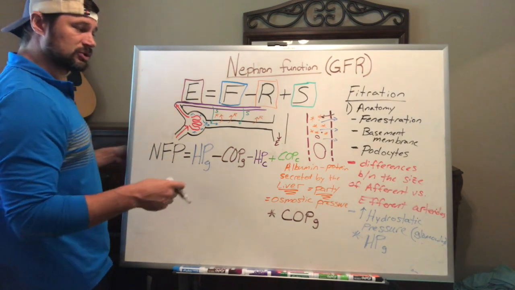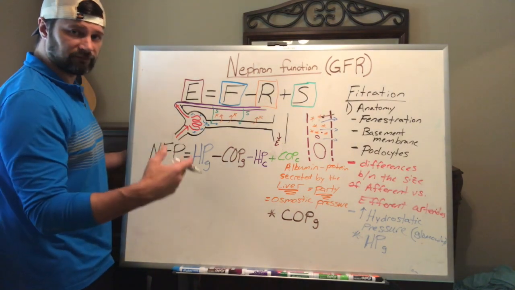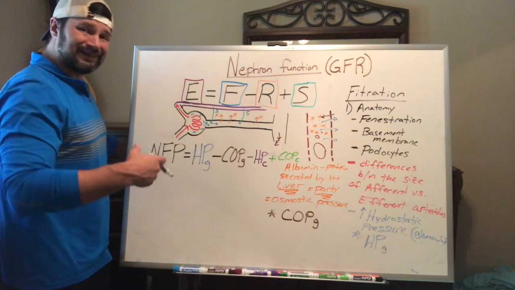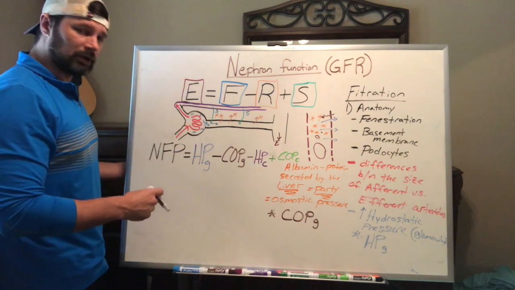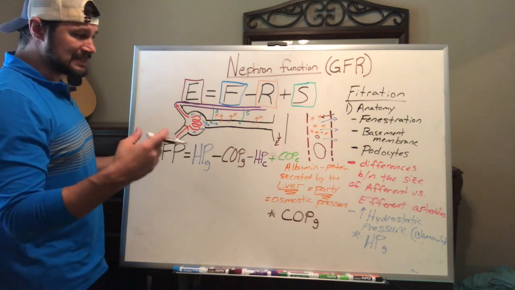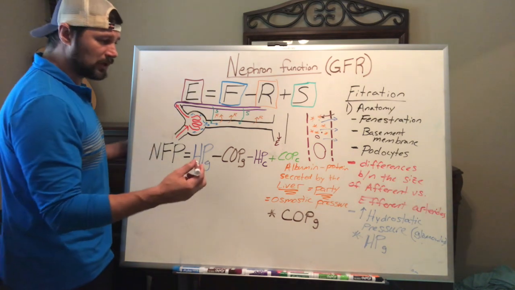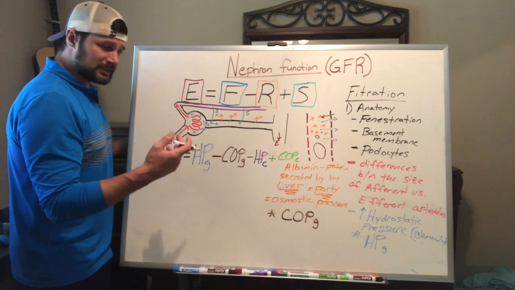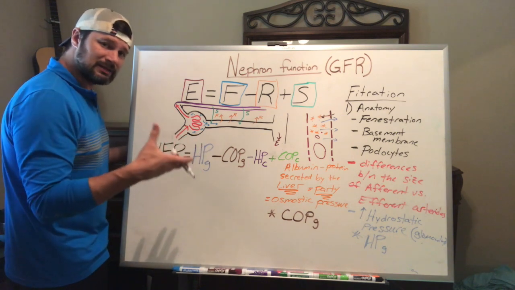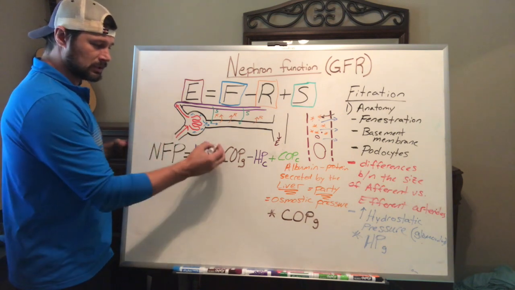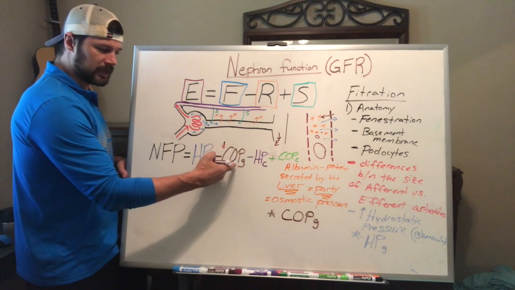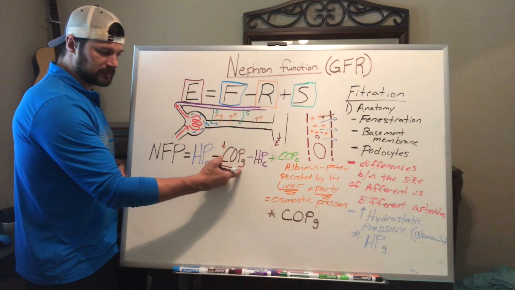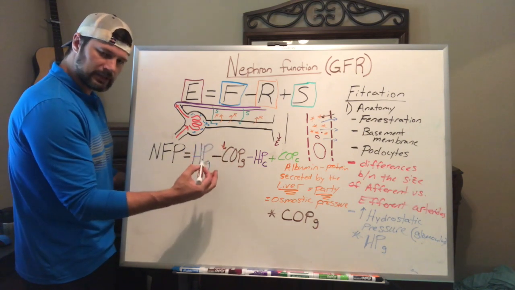What about if a patient starts having issues with their liver, or for whatever reason, the amount of albumin in their blood decreases? This is called hypoalbuminemia, which is causing the party in the blood to decrease. So we're decreasing the amount of colloid osmotic pressure inside of the glomerulus. There's less party in there.